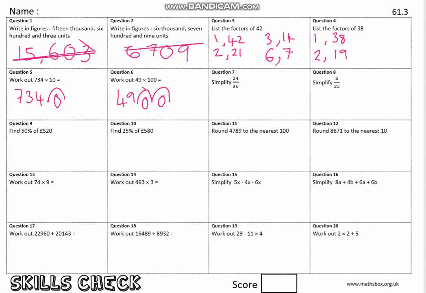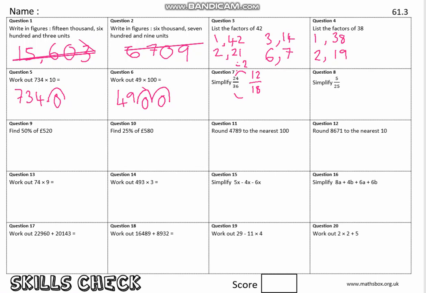It says simplify 24 over 36. We've got to ask ourselves, what kind of numbers go into these? If they're both even numbers, let's start by dividing them both by 2. Let's halve both of them. Half of 24 is 12 and half of 36 is 18.